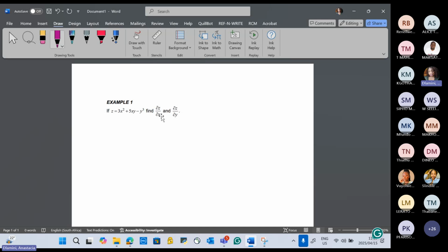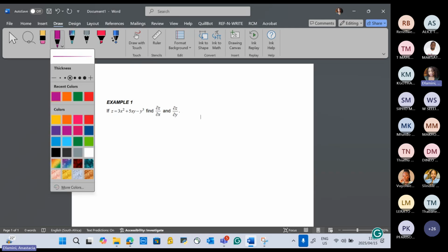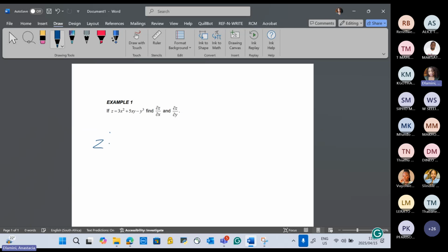Meaning that in this case, if you want the partial z over partial x, you keep y as a constant, or you make y a constant. So let's see. We have z equals 3x squared plus 5xy minus y to the power of 3. Are we all together there?